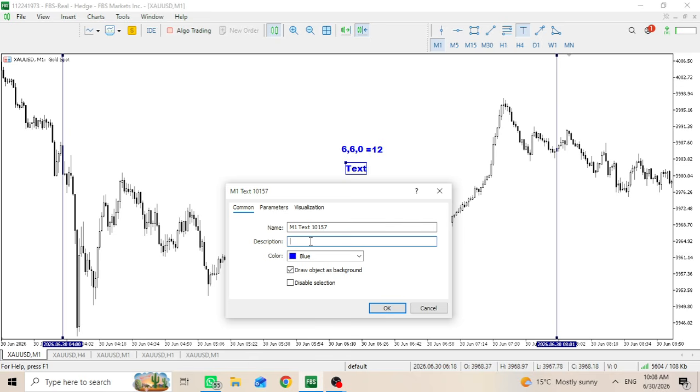If you are new to calculating gold pips, please just search on YouTube and you'll see how to calculate gold pips. But for gold volatility, you multiply by 10. Now candle range is equal to 550 pips basically.